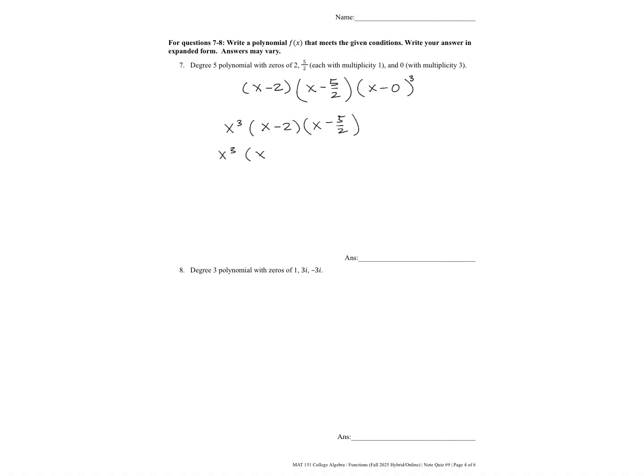So I'm going to have an x squared minus 5 halves x minus 2x plus the number 5. And then if I combine like terms, if I have a negative 5 halves minus a 2, that's really the same thing as negative 9 halves. So that's minus a 9 halves x plus 5.